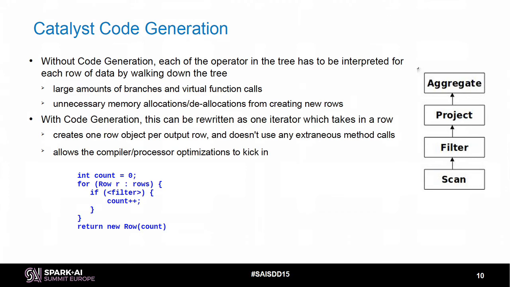In one iterator, you have the filter, and you are even counting the number of rows. It is all done under a single iterator. The advantage with this code generation is that you avoid unnecessary branches, and also in this kind of code you can see standard compiler and processor optimizations get enabled.